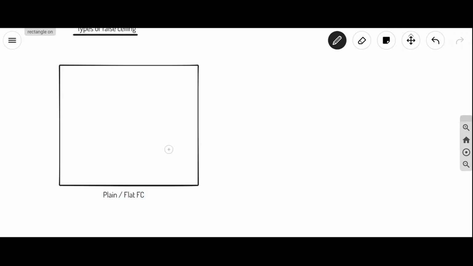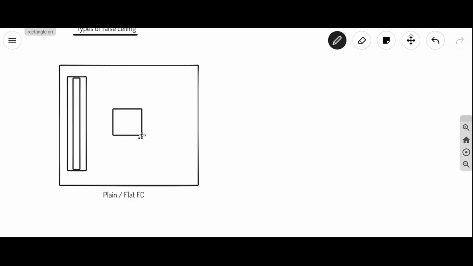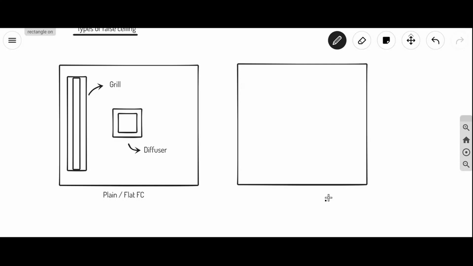If the false ceiling is plain or flat, we have the option to use a diffuser. The second one is grid false ceiling.